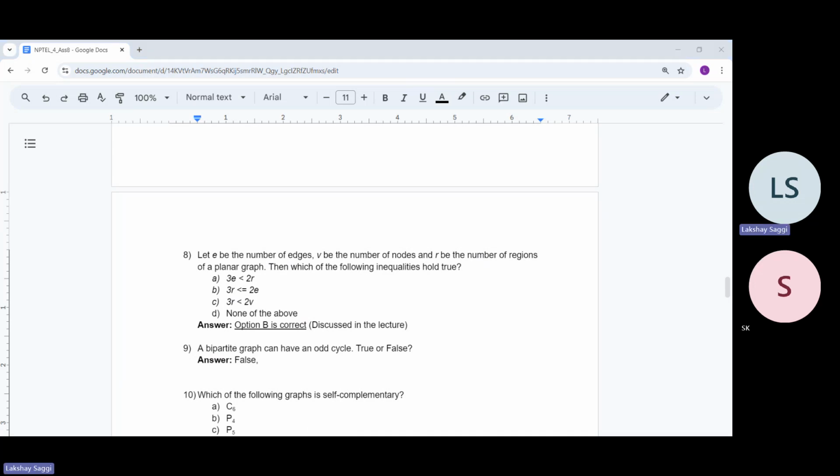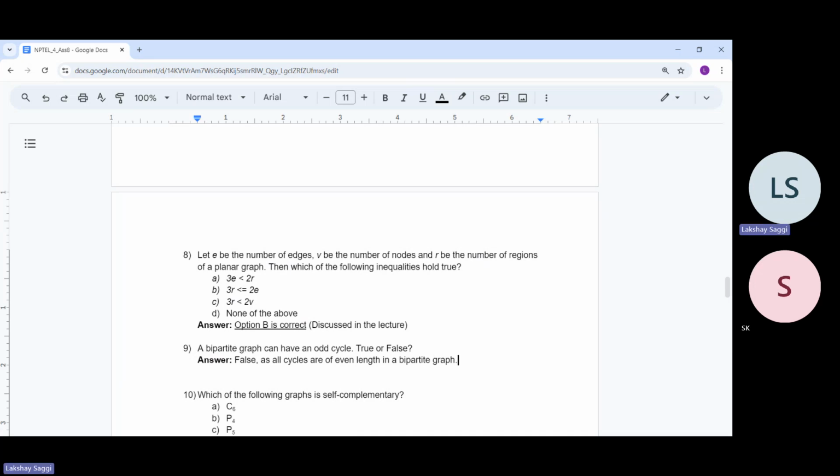I hope this high level idea is clear. This is just the high level idea of why a bipartite graph does not have an odd cycle, and it always only has even cycles, as all cycles are of even length in a bipartite graph.